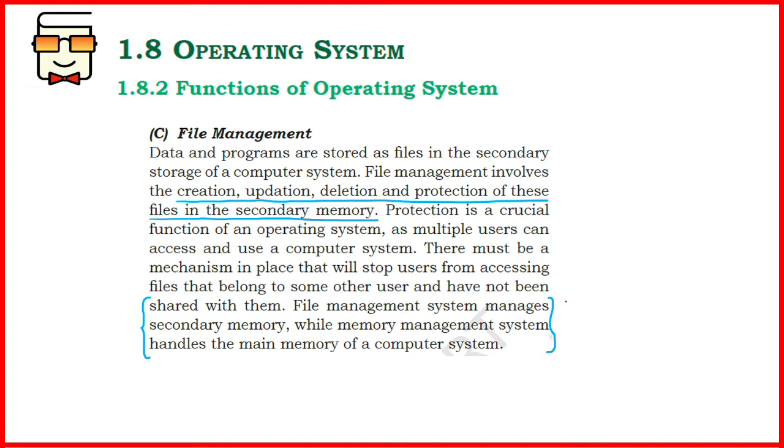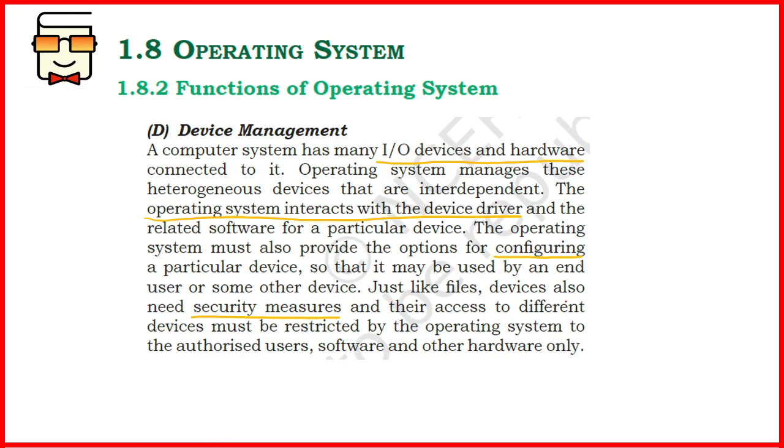It must allow or disallow access to files. It must see who is deleting the contents of the file, and whether it is a correct deletion or not. That means authorized people are deleting it, and whether it is a valid deletion or not. Okay, so everything related to managing files comes under file management.